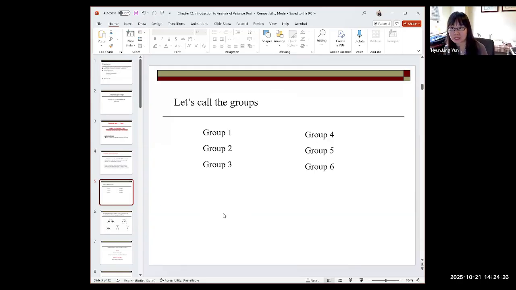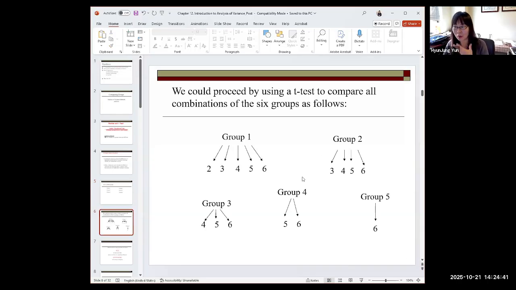Let's say we have 6 different methods or approaches to teaching a statistics course at this level. Based on what we know so far, we already know you can compare teaching method one to teaching method two, or one to three, four, so you can do all pairwise comparisons.